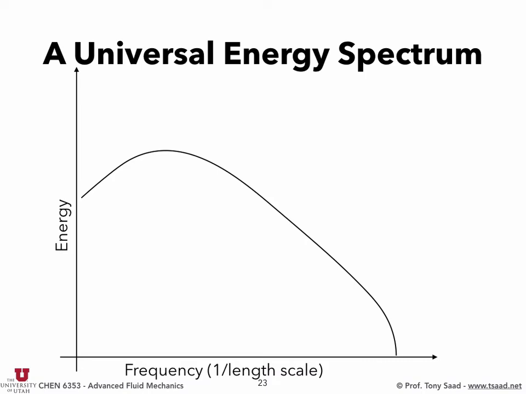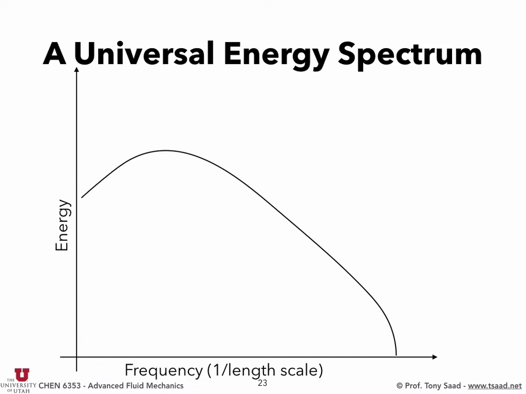You add the energy contained in those 4 eddies, and the energy is 1 over 2 U squared, that's kinetic energy. And then you take eddies of size L0 over 2, and there's like 15 of those. You add up all the energy of those, and so on and so forth, all the way to the smallest scale. And then you plot the energy contained in the eddy versus the eddy size.